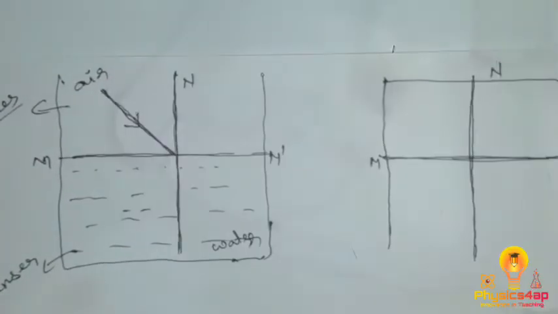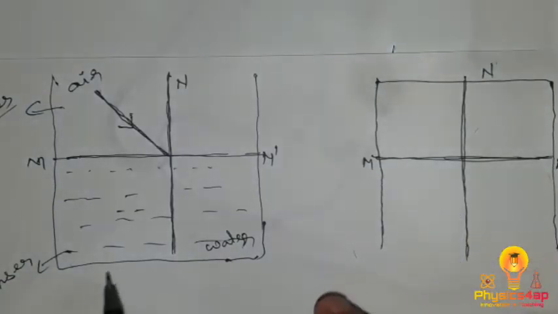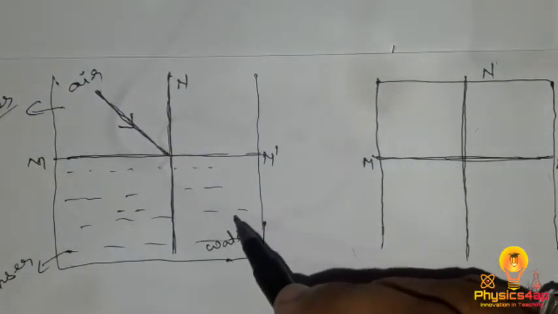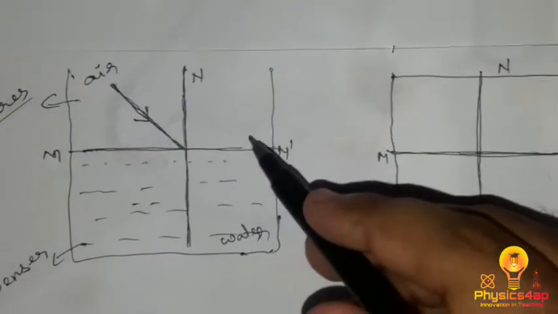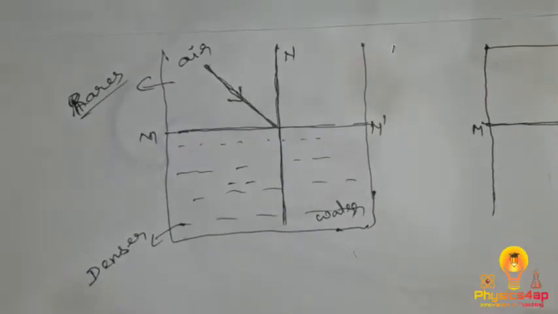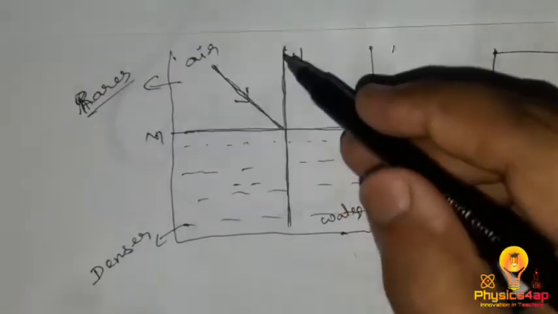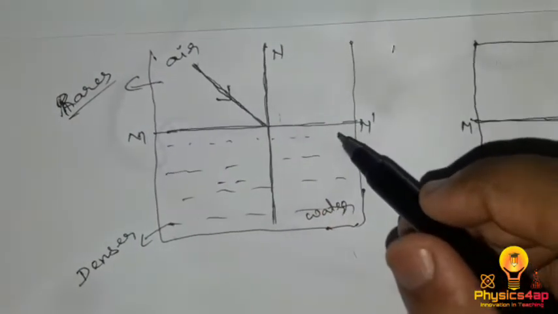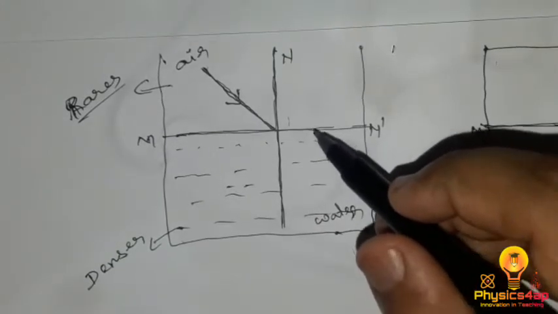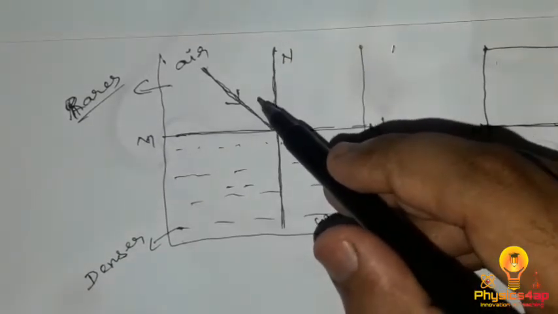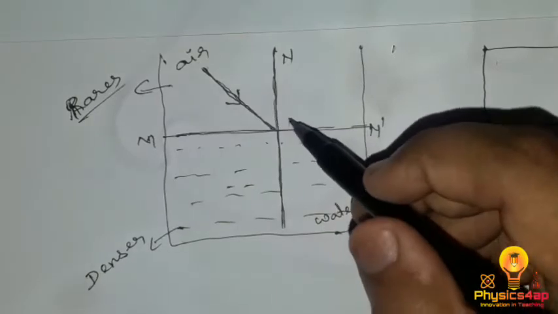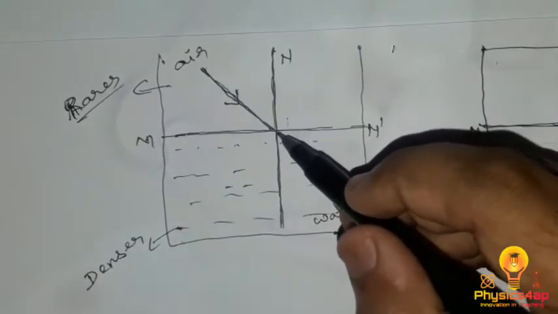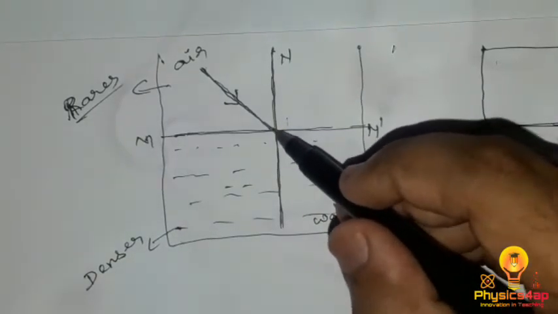Here m dash is the separating surface between the rarer medium and the denser medium, and n is the normal, which is perpendicular to the surface, making an angle of 90 degrees. Now a light ray is passing through the medium and it is incident upon the surface over here.